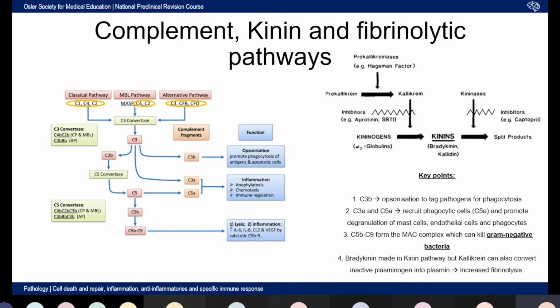But bradykinin, so kinins, an example of that is bradykinin, and bradykinin is also an inflammatory mediator. What it does is it promotes massive inflammation by causing arterial vasodilation, by releasing prostacyclins or nitric oxide. So it promotes nitric oxide release from immune cells, but also from endothelial cells. And it can also make veins contract with other prostaglandins.